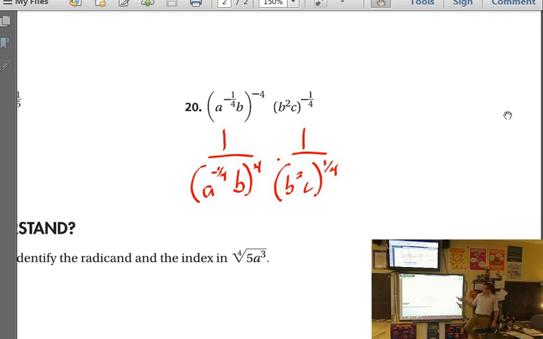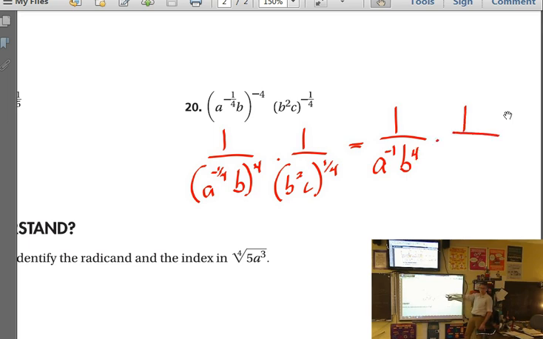From here, we distribute the power, just so I make sure I'm not wasting time. People want me to keep going, yes? Okay. So then I distribute my powers. Don't do too much at once. Powers to a power multiply. Negative 1/4 times 4 is negative 1. B to the 4th, I just get b to the 4th.